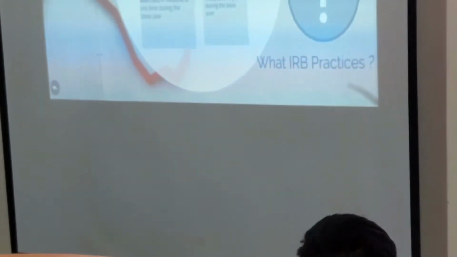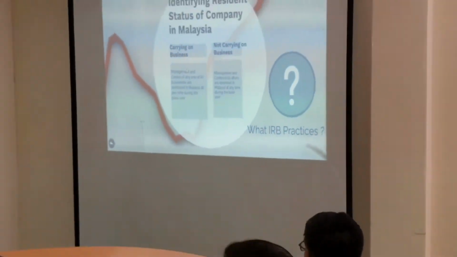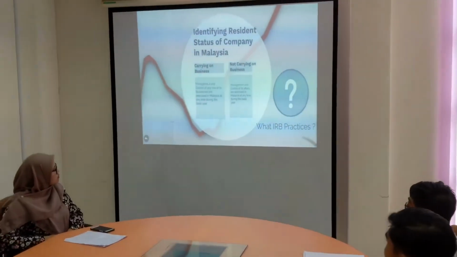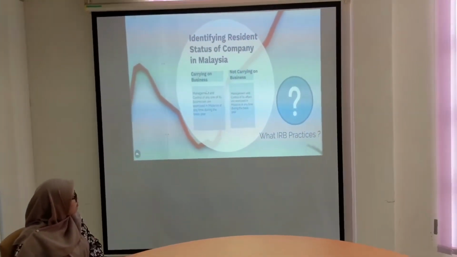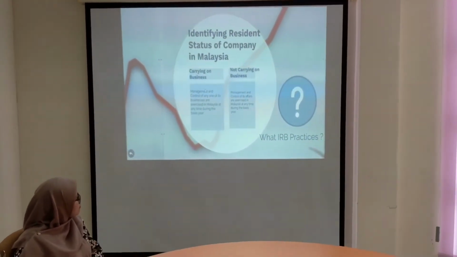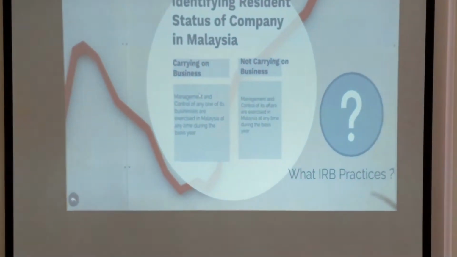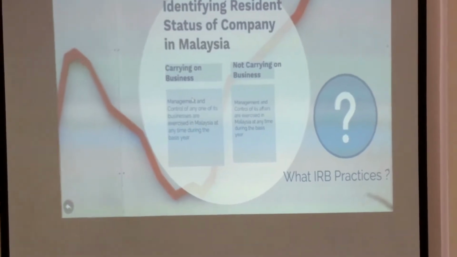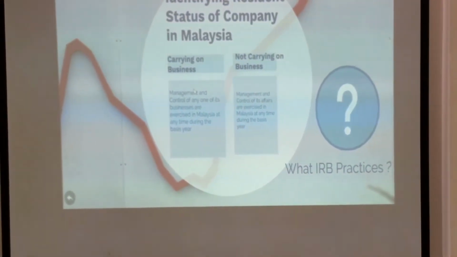For carrying on business, the management and control of any one of its businesses is exercised in Malaysia at any time during the basis year. For not carrying on business, the management and control of its affairs is exercised in Malaysia at any time during the basis year.